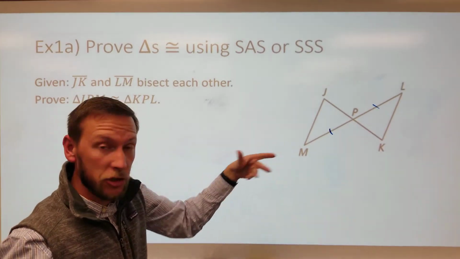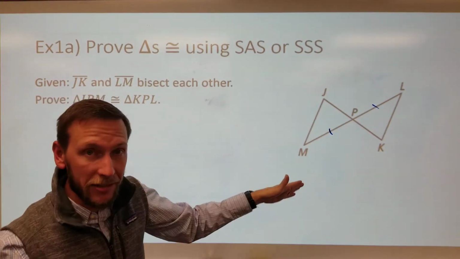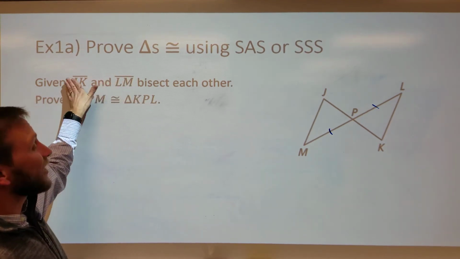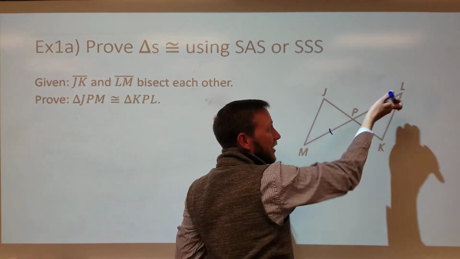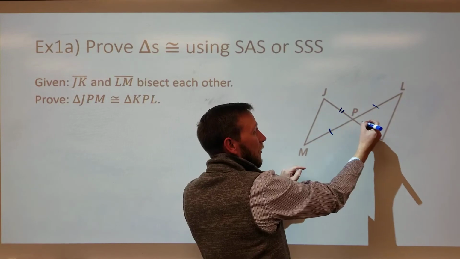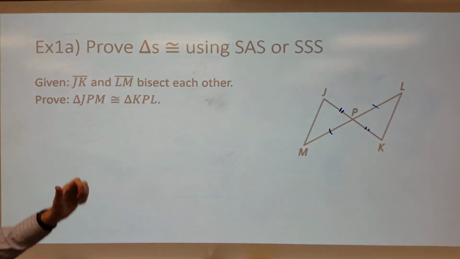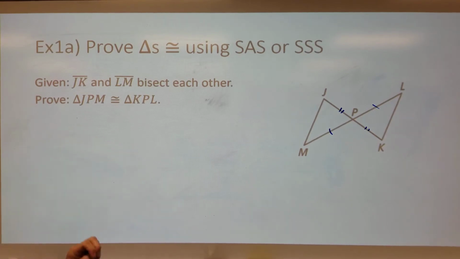That would be the definition of bisect. If JK is bisecting LM, we know that this is true. Furthermore, if LM bisects JK, then that means that this segment is cutting this one in half into two congruent parts. We will use that definition of bisect twice.